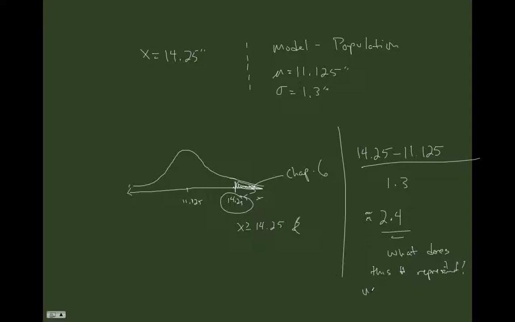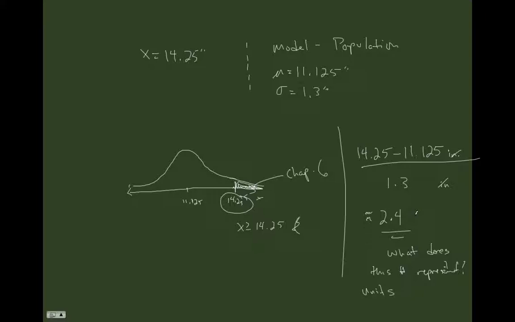Let's talk about units here for a minute. Some of you might be familiar with unit analysis. When I take this difference in the numerator, the difference is in inches, and 1.3 as a standard deviation is in inches as well. So those units cancel, and the question becomes, what are the units on 2.4?